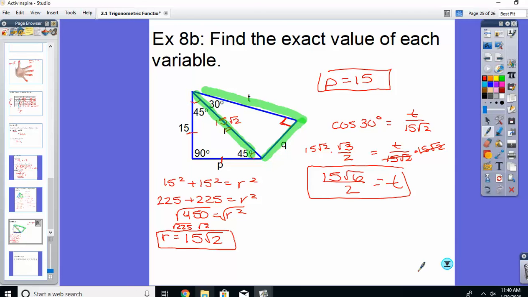Q, you could do Pythagorean theorem with all these radicals. It might be a bit ugly, so let's just go ahead and do a trig function. If I'm viewing from my 30-degree angle, Q is the opposite, and 15 radical 2 is my hypotenuse, so that would be sine. So sine of 30 equals my opposite side, Q, over my hypotenuse, 15 radical 2. Sine of 30? 1/2.